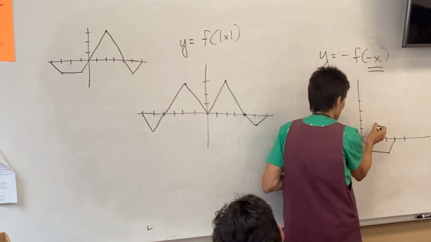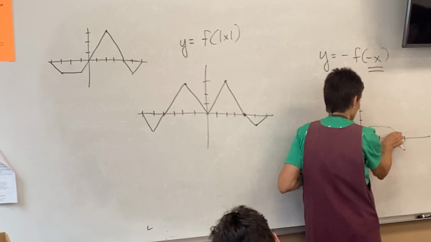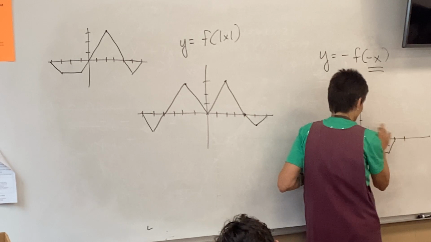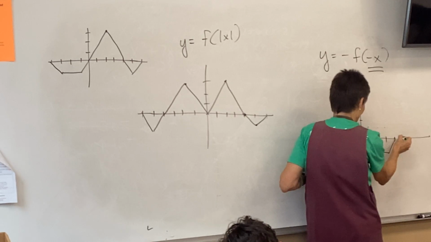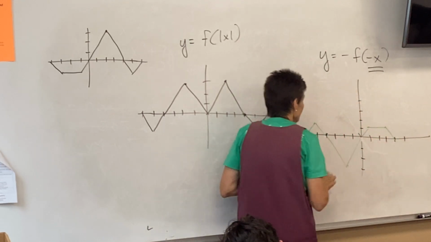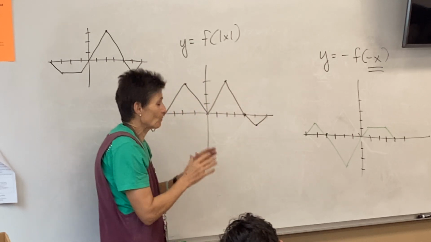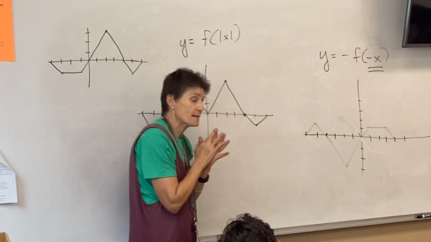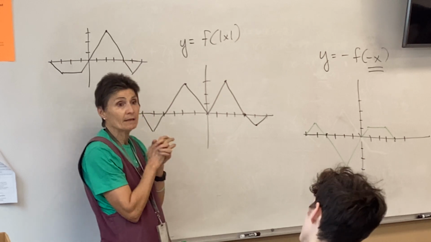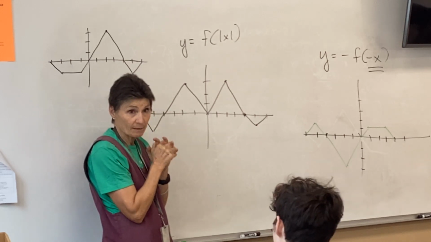And the trapezoid's gonna come up. There we go. So that one has been reflected across the x-axis and the y-axis because it had two negatives.